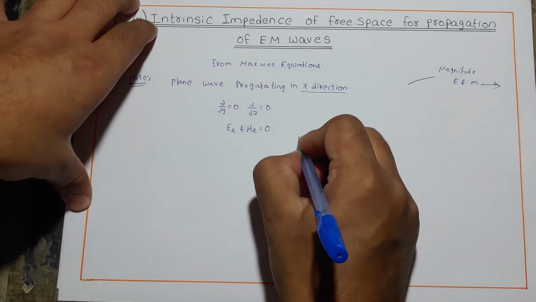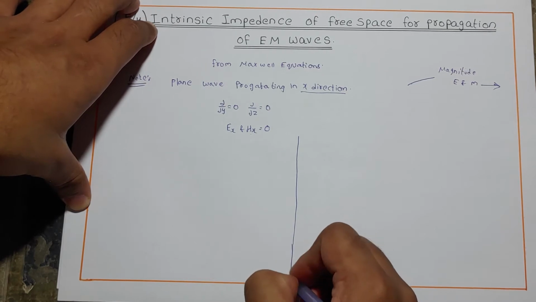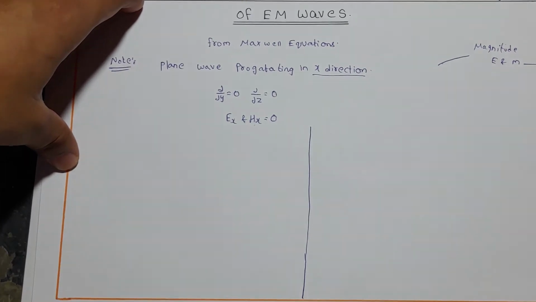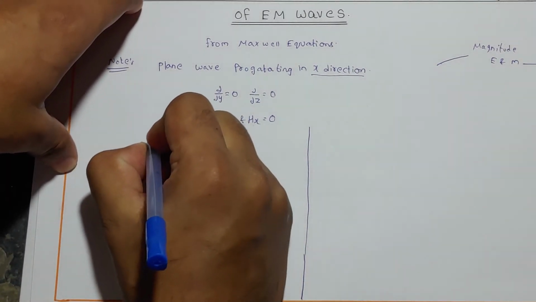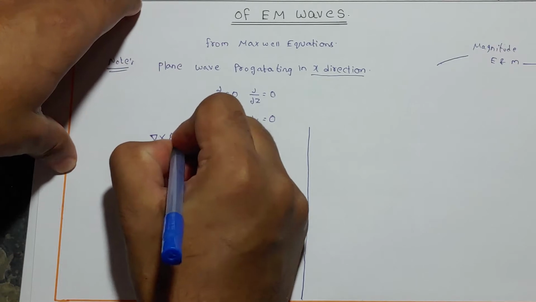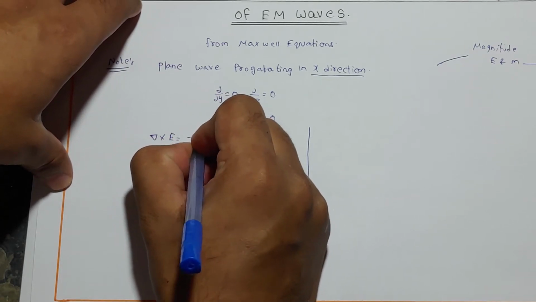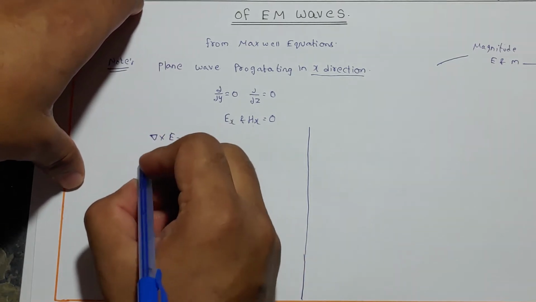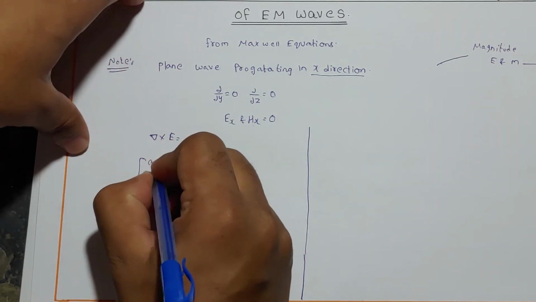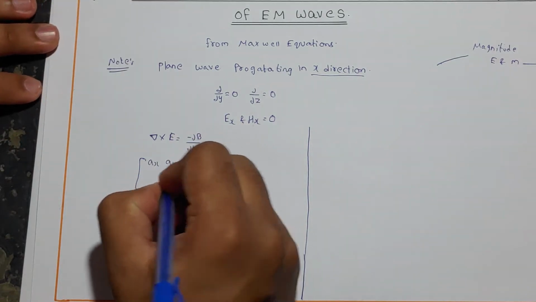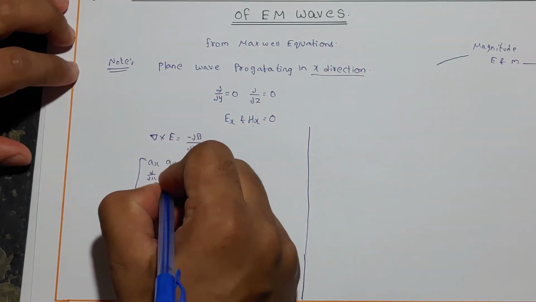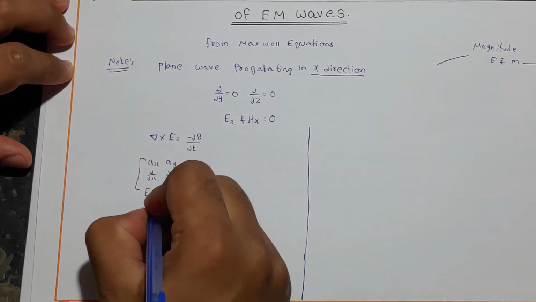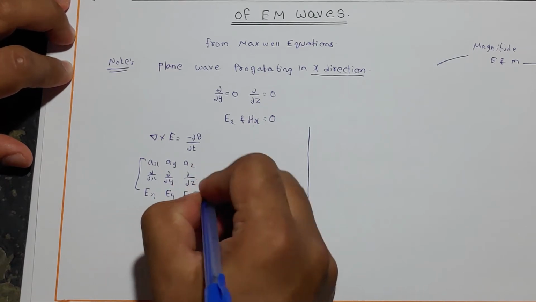Now let us solve for electric field and magnetic field terms separately. That is, for electric field terms, let us take Maxwell's second equation, del cross E is equal to minus dou B by dou t. We know that del cross E could be solved as the determinant of Ax, Ay, Az, dou by dou x, dou by dou y, dou by dou z, Ex, Ey, Ez.